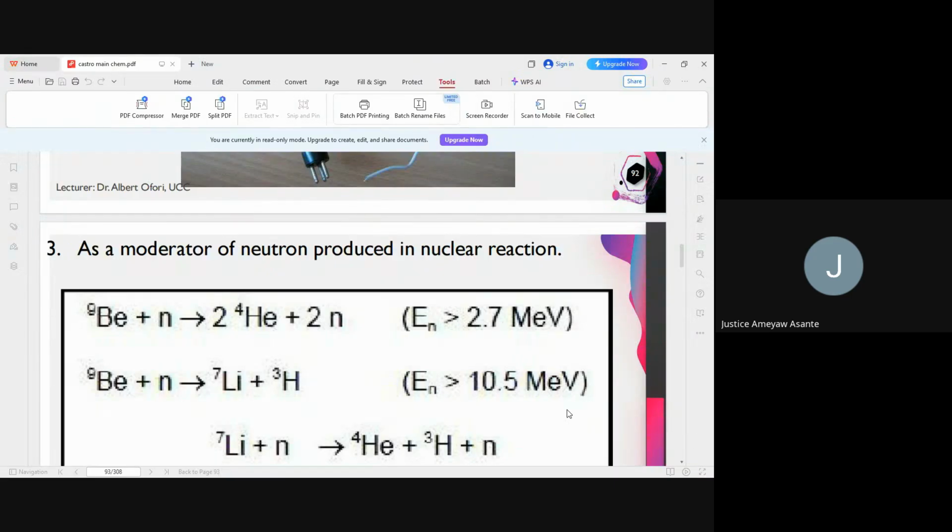So if you have a system that can check the neutrons, the nuclear reaction can come to a halt. And what do you use to control the excess nuclear reaction? We use beryllium. So it is used as a moderator in nuclear reactions.